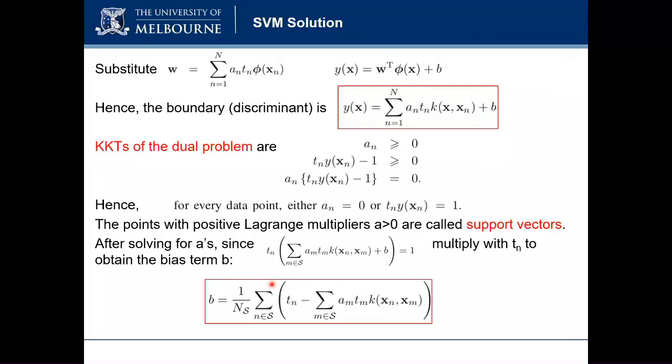So when we write the y, they are written in terms of the alpha n's, and as I say, this sum is over all the points, but a lot of points hopefully zero out. Actually, it's ideal if I can define the boundary discriminant with the fewest number of data points; that's more desirable than many data points playing a role in drawing this.